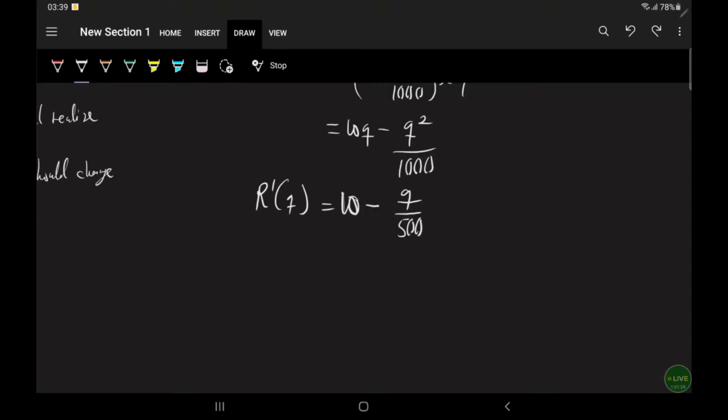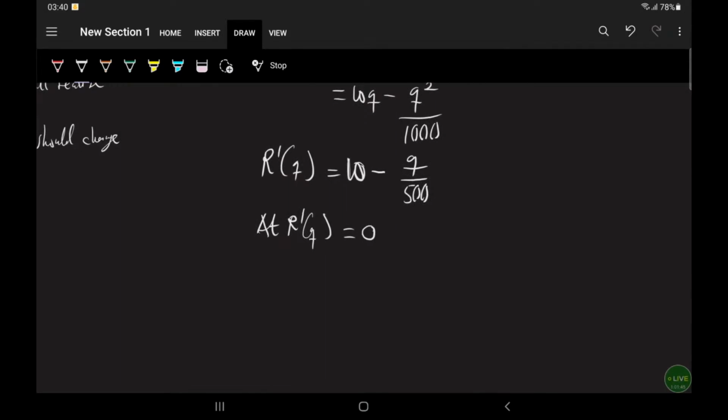Since they cannot produce anymore, the idea is that the rate of change is 0. So we can say that R prime of q is equal to 0, because at that point there is no more production growth. It will help us to know the quantity they produce.